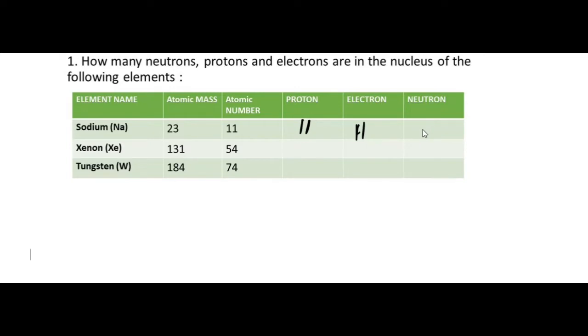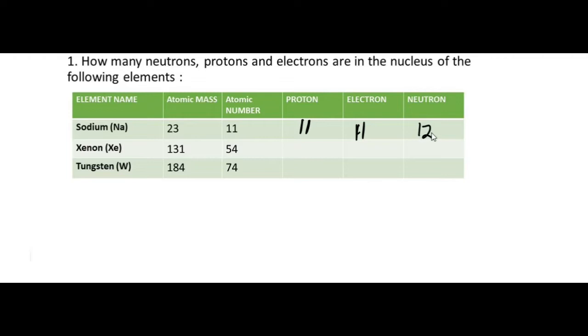Remember the formula, atomic mass is equal to protons plus neutrons. Here's what we're going to do. We have to move the protons to the other side. So our equation will be atomic mass minus protons is equal to neutrons. So that would be 12.